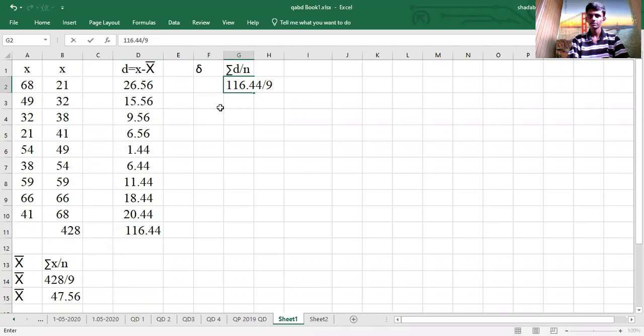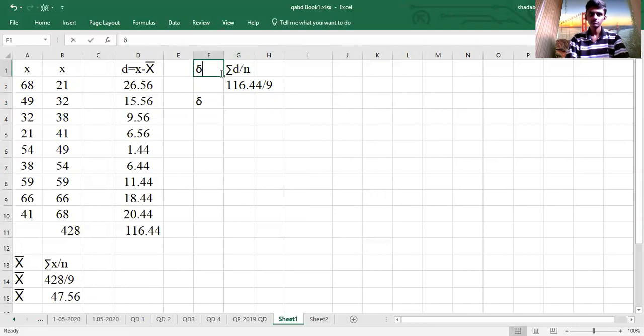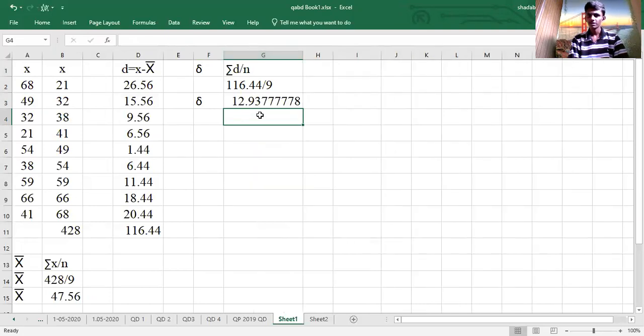So delta equals 116.44 divided by 9. We will get 12.93 as the delta value. That is, the mean deviation is 12.93.